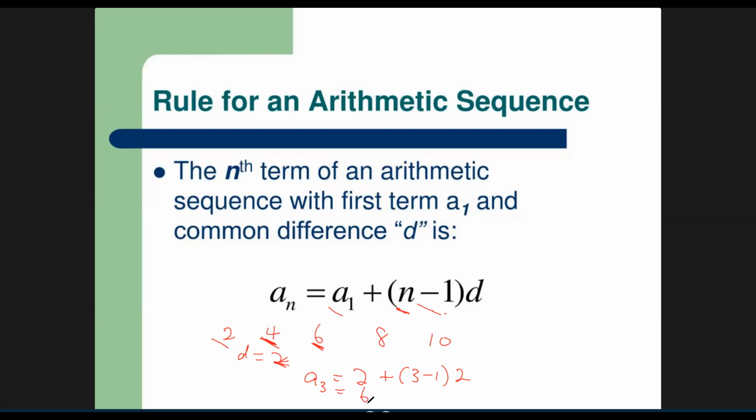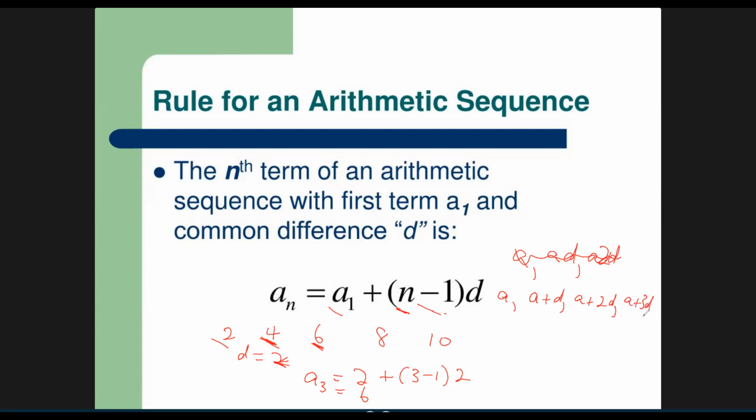So the nth term is the first term plus n minus 1 times d. Because the first term is A, the second term is A plus d, the third term is A plus 2d, the fourth term is A plus 3d.